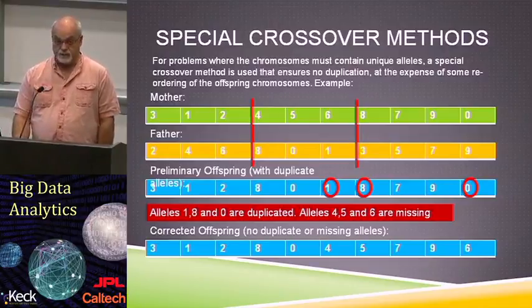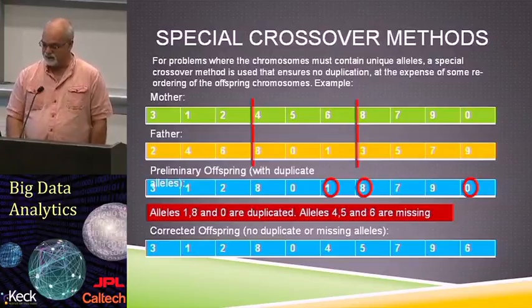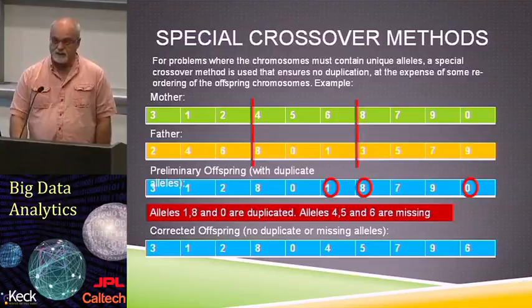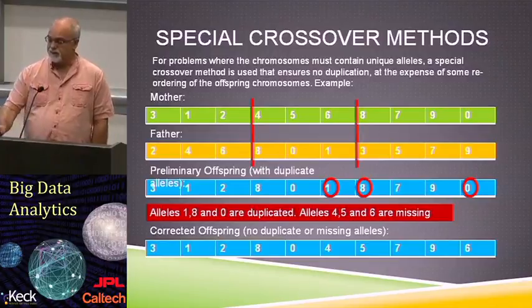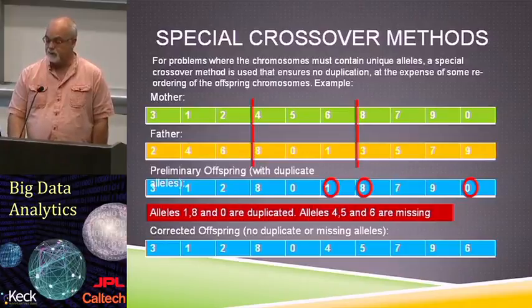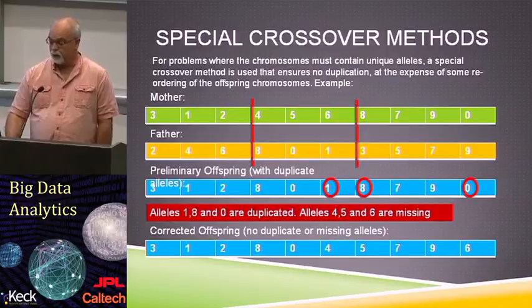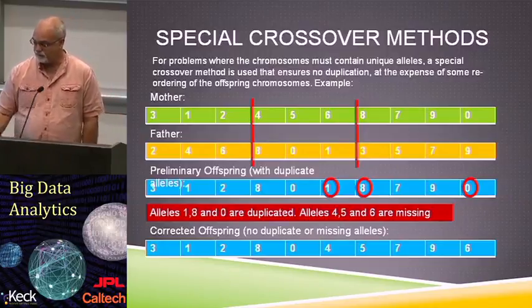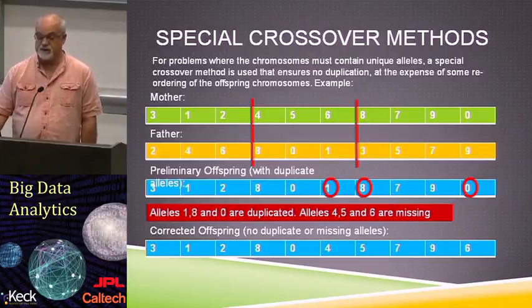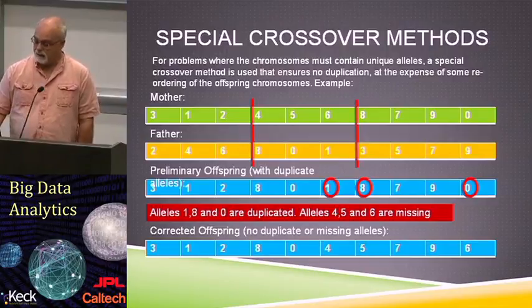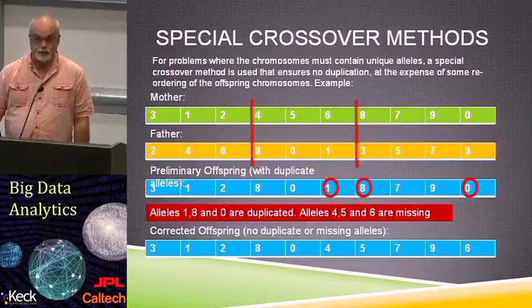That's no good, because the problem dictates that we can't have them. So the way of correcting for that, and this isn't the only way of doing it, is just to look at which genes, which alleles in particular, are missing, and replace them in order in the corrected offspring. This is a little bit ad hoc, but a lot of what you do in genetic algorithms is ad hoc.